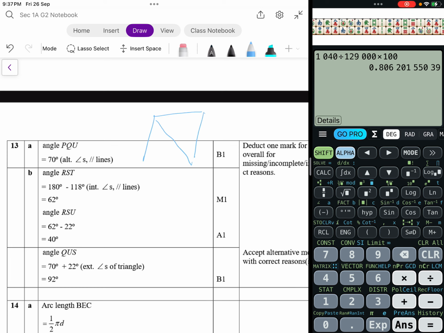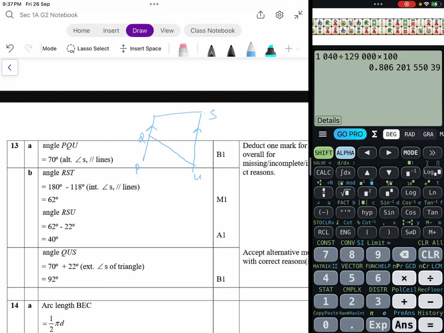Okay, a rough one. So you want to find PQU, and you know that these two lines are parallel.